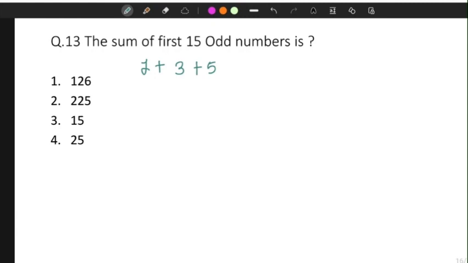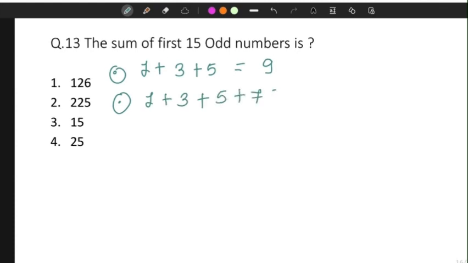The summation of all 3 numbers is 9. Let's take one more example: 1 plus 3 plus 5 plus 7. I have taken the summation of 4 odd numbers, and the answer is 16. One more example: 1 plus 3 plus 5 plus 7 plus 9. I have taken the summation of the first 5 odd numbers, and the summation is 25.